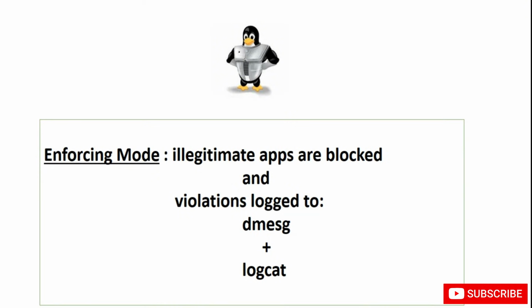So now in enforcing mode, whenever you do security research on Android platforms, the illegitimate actions are prevented by default and attempted violations are actually logged by the kernel to dmesg and to logcat. Okay. Android device manufacturers should actually gather information about these errors so they can refine their software and their own SELinux processes before enforcing them.